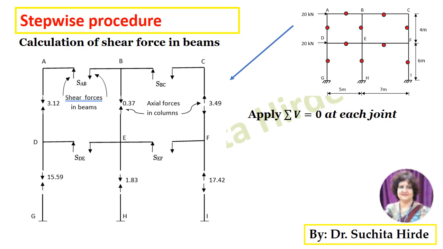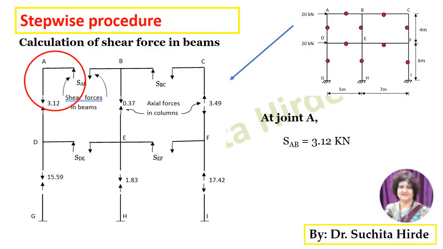So let us apply the equilibrium condition, summation of vertical forces equal to 0, at each joint. We will start from the first joint A. We will get shear force in beam AB is equal to 3.12 kilonewton.